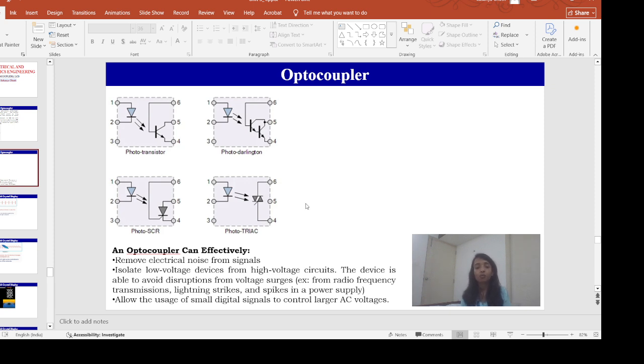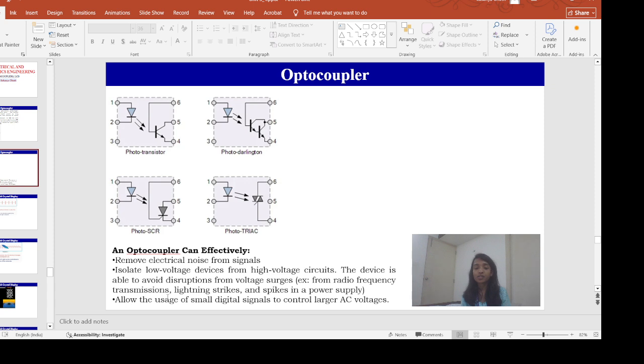Now, these optocouplers can effectively remove electrical noise from signals. They can isolate low voltage devices from high voltage circuits. The device is able to avoid disruptions from voltage surges. Voltage surge means whenever there is a very high value of voltage.